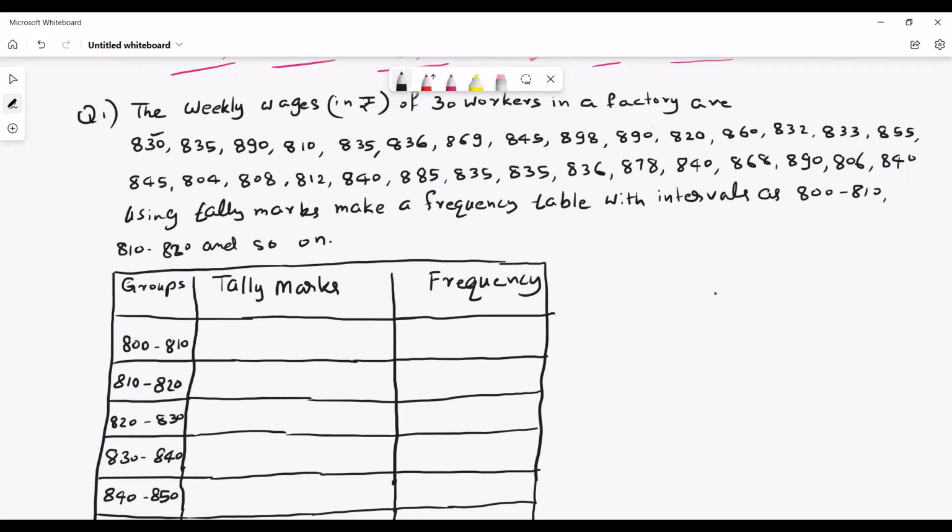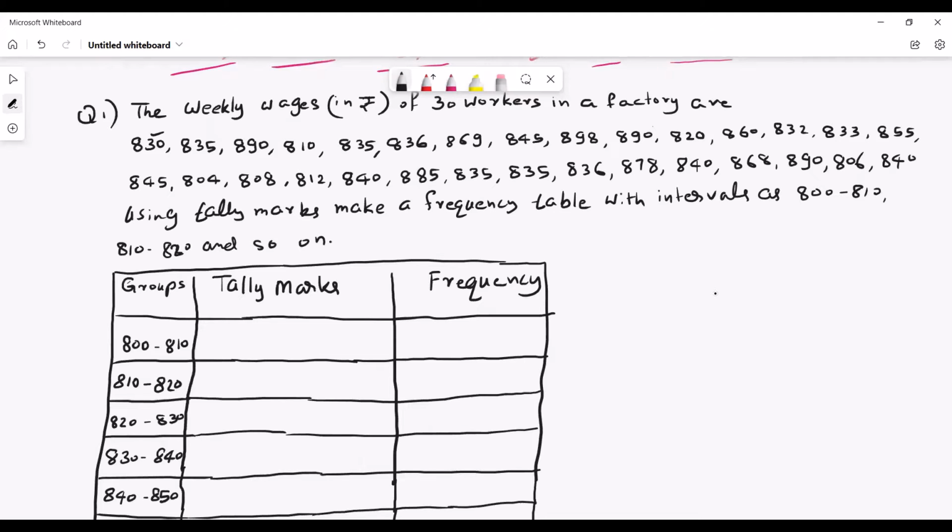Should we mark it in the third row or the fourth row?